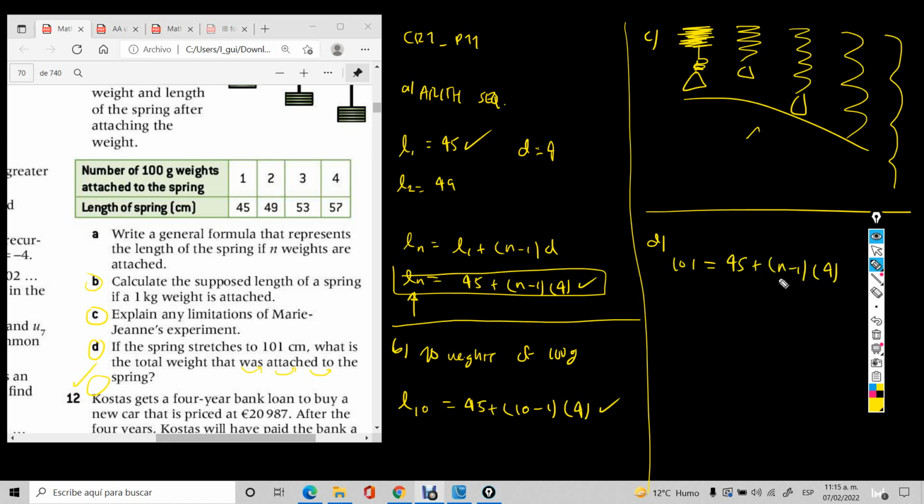And when we solve for n, we'll know how many weights of 100 grams we hung from the spring. Okay, that's it. That's how you solve it. Simple. And it's going to be 15, by the way. Okay, so that's how you solve this problem.